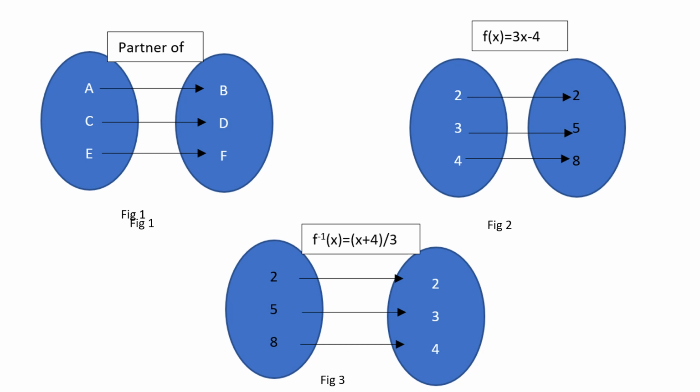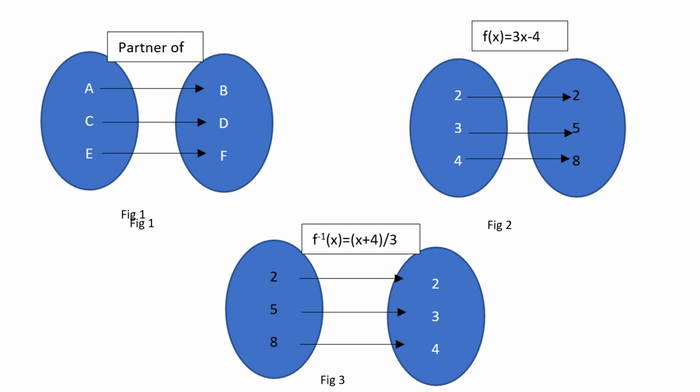Or in other words, I can say that A is the partner of B, C is the partner of D, and E is the partner of F. We can also say that B is the partner of A, D is the partner of C, and F is the partner of E. Both type of functions are correct. Both type of associations are correct. So that type of functions are called inverse functions.